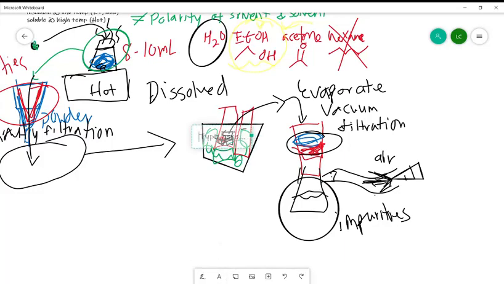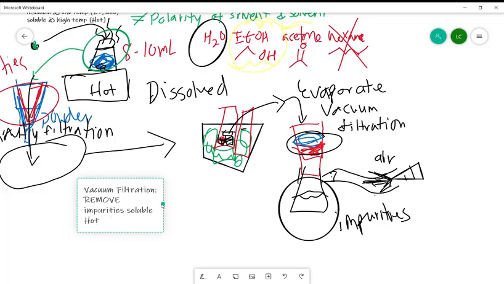So just to wrap things up here, I would just say vacuum filtration, you use it to remove impurities that are soluble. Hot gravity filtration is the opposite.